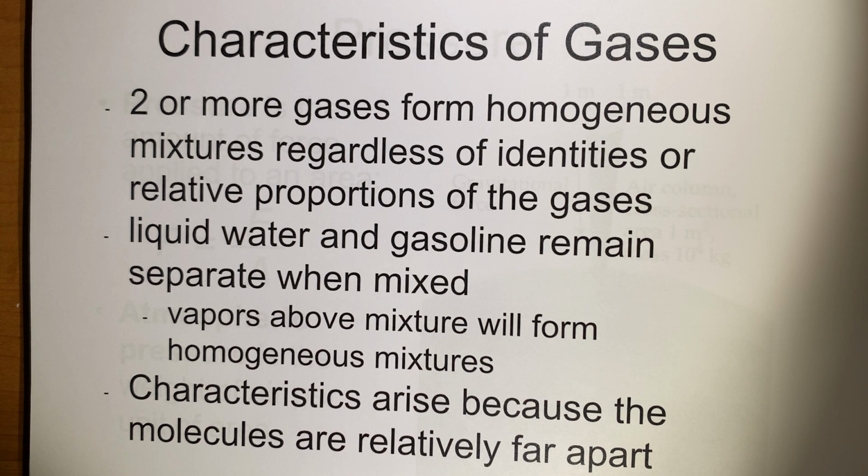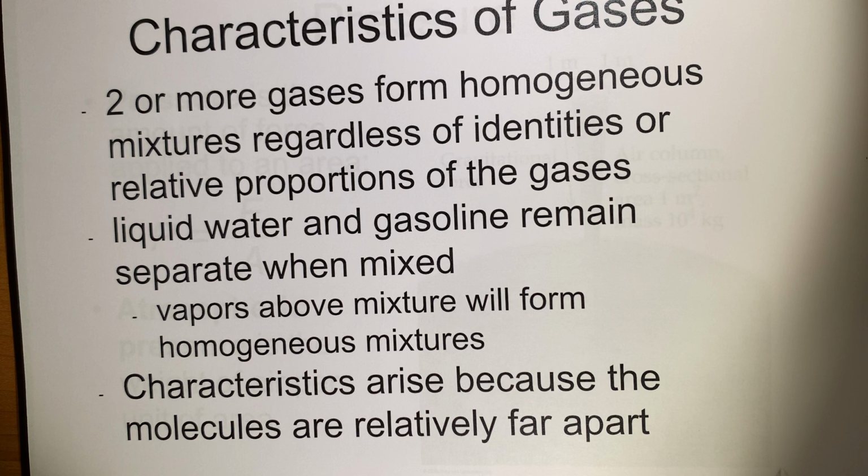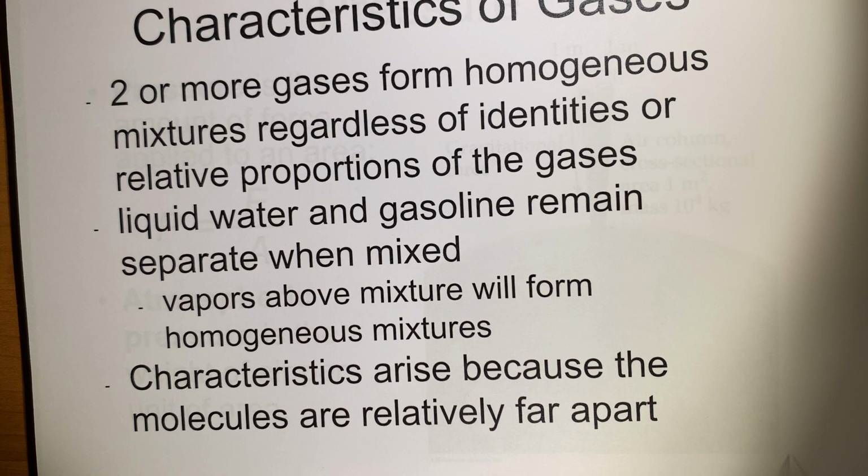However, going back to water and gasoline, they will have vapors that will exist right above both their liquids, okay? When those vapors, which are gases, are near each other, they will mix, much unlike their liquid relatives.